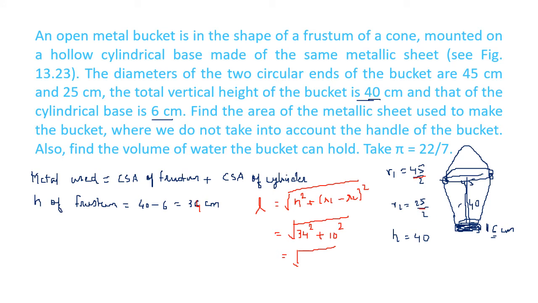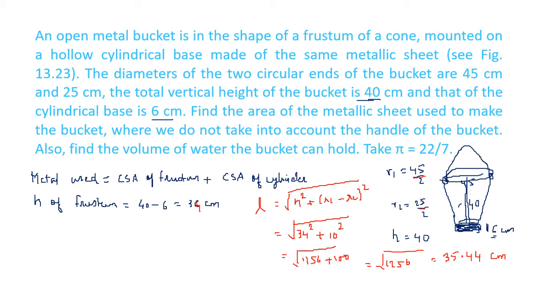What is 34 square? 34 square is 1156, 10 square is 100, equal to under root 1256. What is the square root of 1256? It is approximately 35.44 centimeter. So that is the slant height of the frustum.